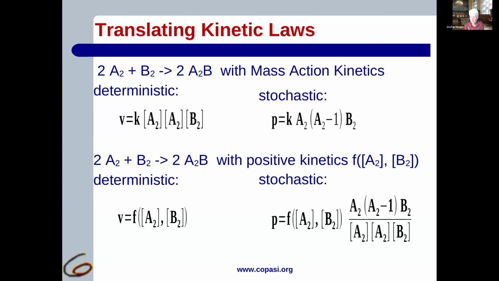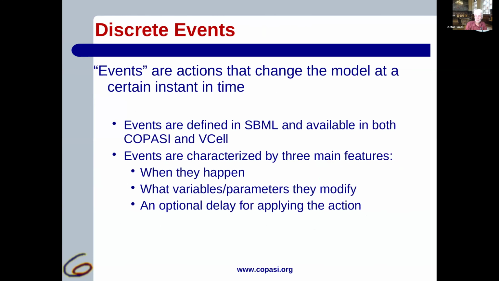Okay, after that little side, I'm gonna switch now to discrete events. Discrete events are actions that change the model or the state of the system at a certain point in time under conditions you can define. Events were originally defined very early on in SBML and are both available in COPASI and VCell.